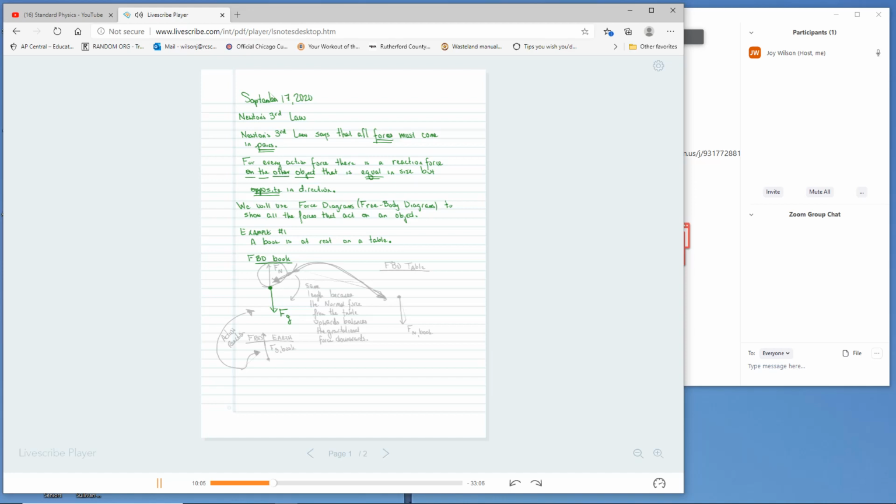So what other forces might we have on our book? We might have friction. But in our class, we live in ideal physics land. Ideal physics land does not yet have friction. And in general, unless I tell you or the problem tells you to deal with friction, we assume that there is no friction.